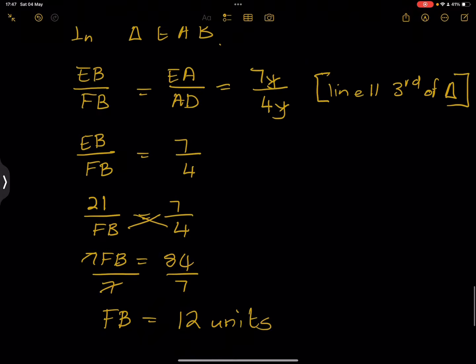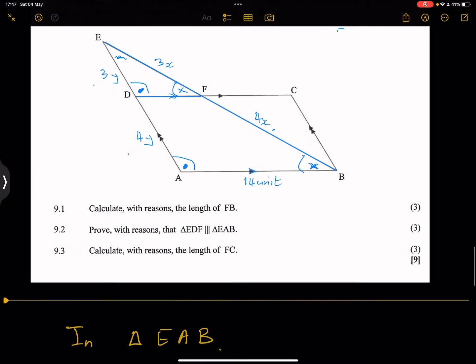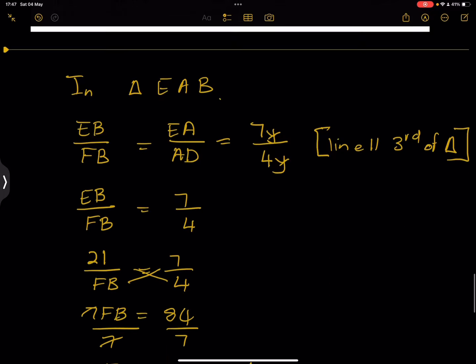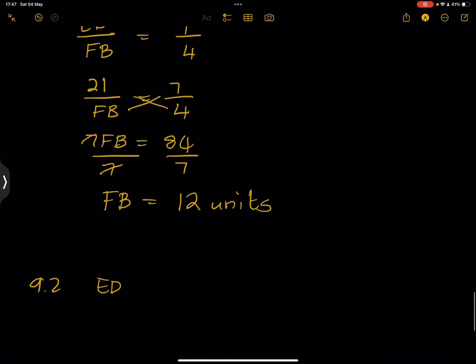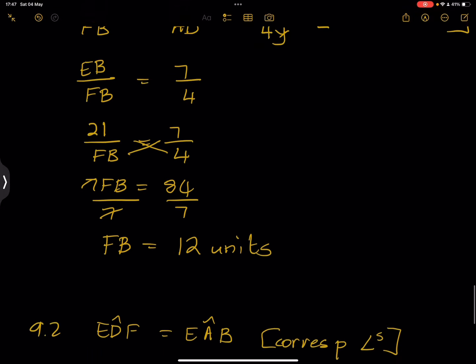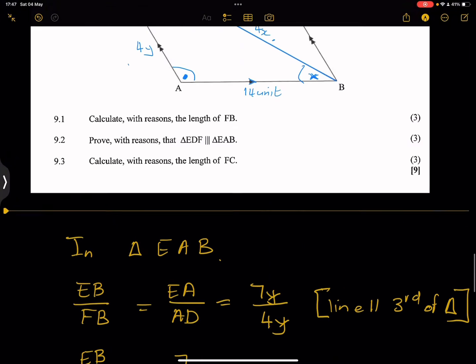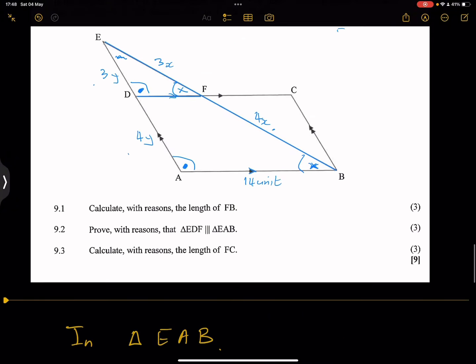So for 9.2, we're simply going to say that angle EDF is equal to angle EAB. That's corresponding angles, right? And we said EFD is equal to EBA.